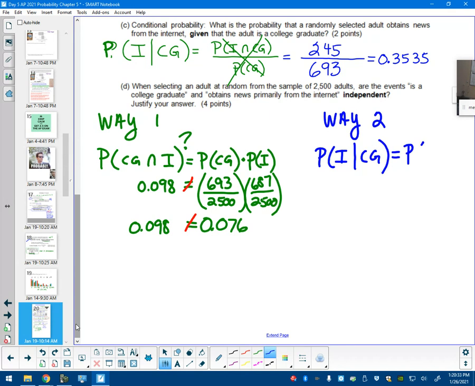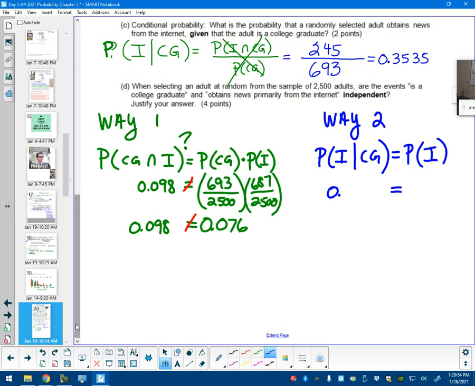Does that equal the probability, and is it the I or the CG that I need? Look at your formula sheet. It's the I. And I'll explain in a minute how you can remember that without having to look.